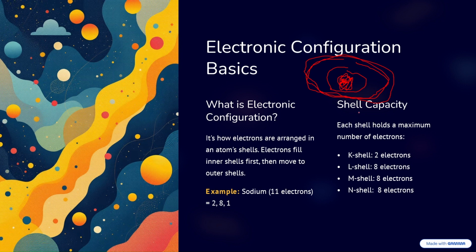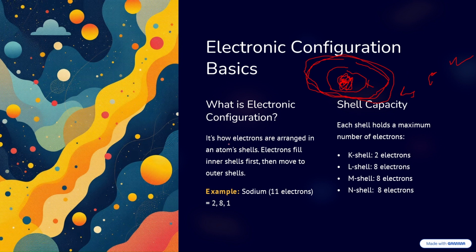The first shell is the K shell, second is the L shell, third is the M shell, and fourth is the N shell. In the K shell, a maximum of 2 electrons can be accommodated, and in the L shell a maximum of 8 electrons, in the M shell a maximum of 8 electrons, and in the N shell also a maximum of 8 electrons.